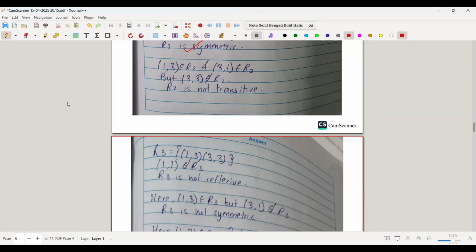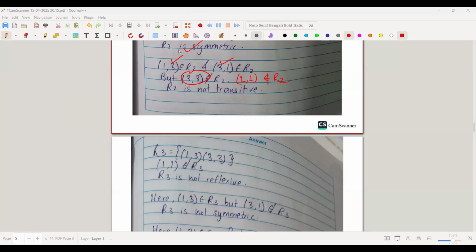Here, if you write 1 comma 3 and 3 comma 1, then which is acting as a mediator? 3. So it should be 1 comma 1. Here it should be 1 comma 1, not 3 comma 3. 1 comma 1 does not belong to R2. Here the mediator is 3. So A comma C means 1 comma 3, 1 comma 1.